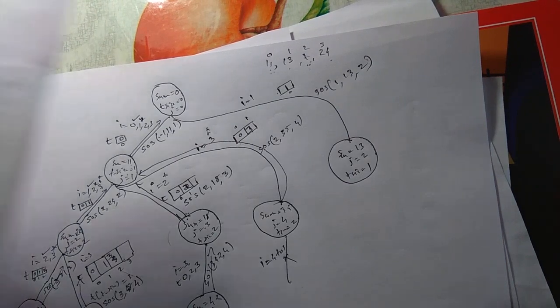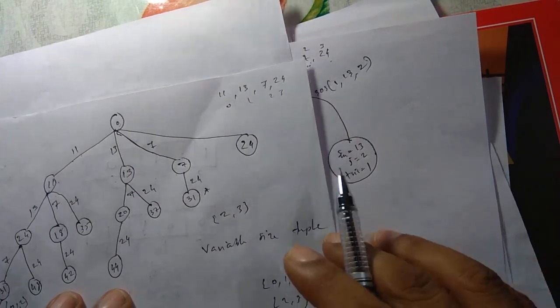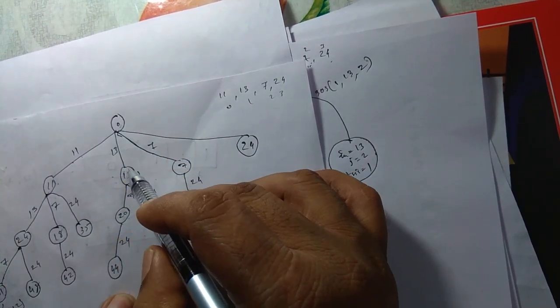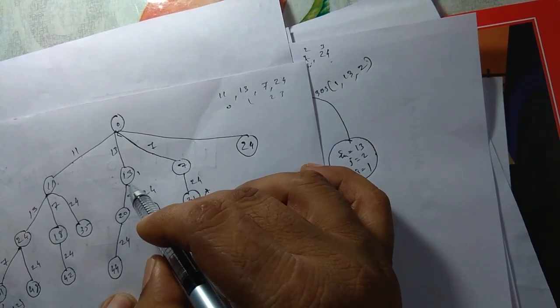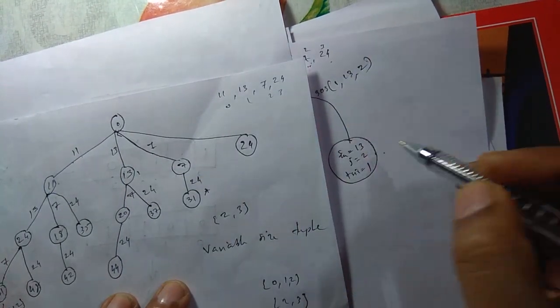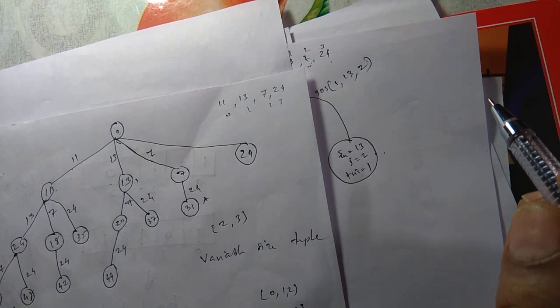See, it is generating like 13, 20, 44 and 13, 37. Okay, in this way this algorithm proceeds.